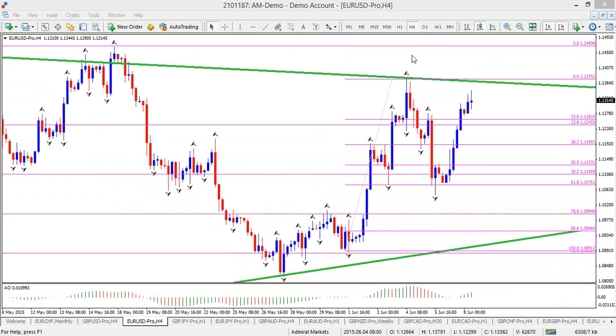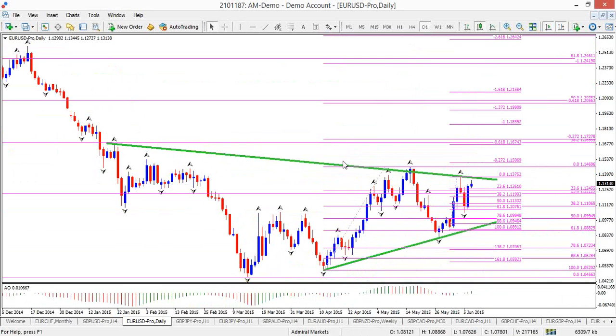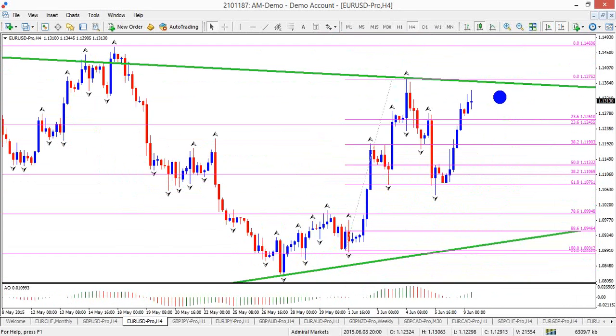I was showing basically these two trend lines. This one as a resistance and this one as support. And I was talking about the fact that right here, because of the upside on the 4-hour and daily, I would want to see price action at minimum.